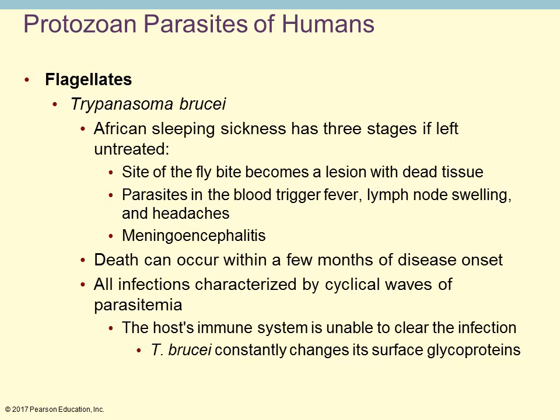Once again, if you can break that link and prevent the infection from ever occurring, that would be the best thing. If left untreated, death can occur within a few months of the onset of the disease.